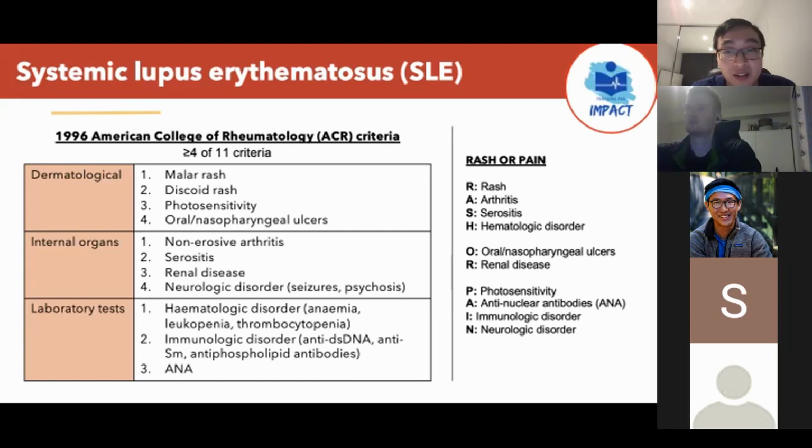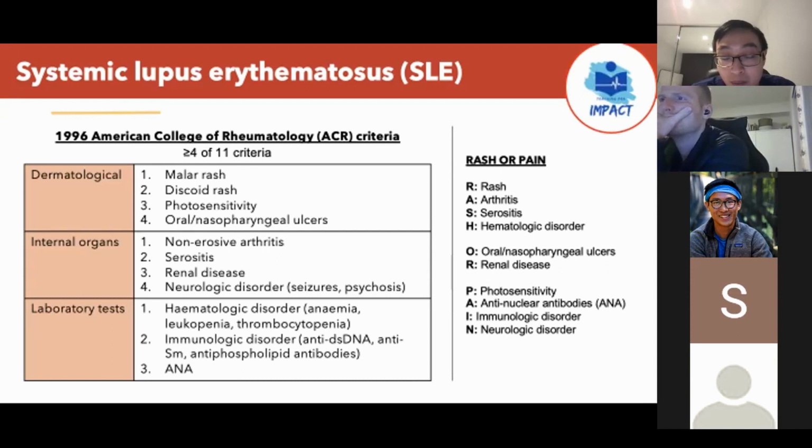As part of an ENA panel, there are around six commonly seen anti-nuclear antibodies. Anti-Smith antibody is part of that. Anti-Ro, anti-La is also part of an ENA. Anti-Jo1 is also part of an ENA as well. Anti-double-stranded DNA is not, though.